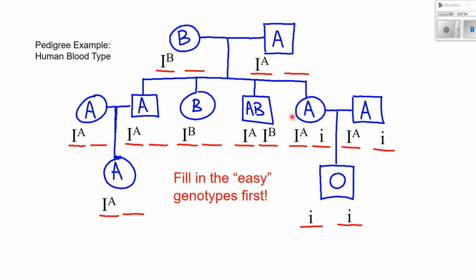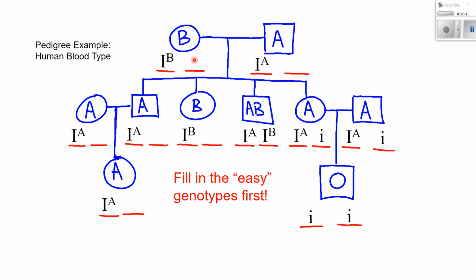So here's a woman. We now know she has a big IA and a little i. It looks like she probably got this big IA from her dad right here. Is there any way this big IA could have come from mom?